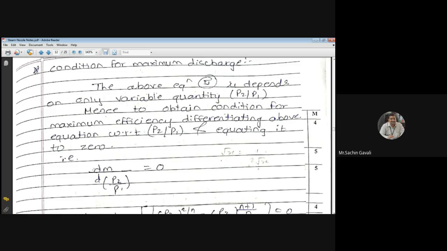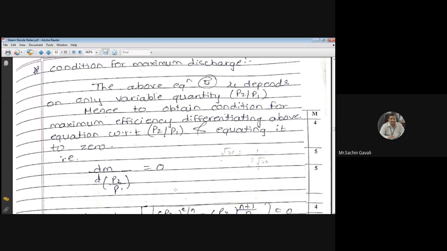Then whatever condition we get is called the condition for maximum efficiency. This is a pure mathematical condition, and it is used many times. Henceforth, you are going to use this condition in your engineering practices. The main equation we have to differentiate with respect to the variable, and equate the total differentiation equal to 0.